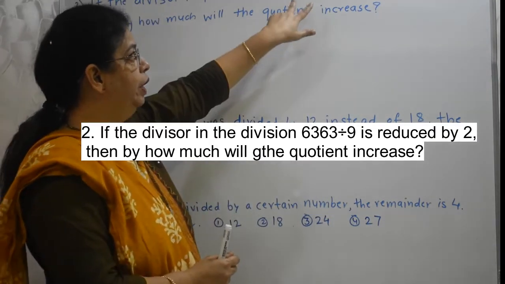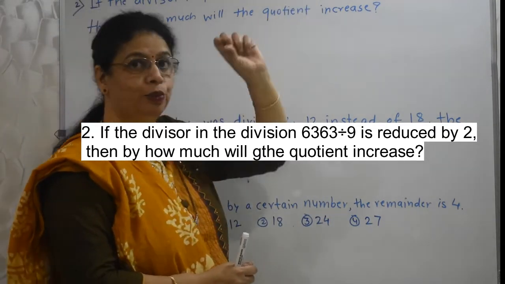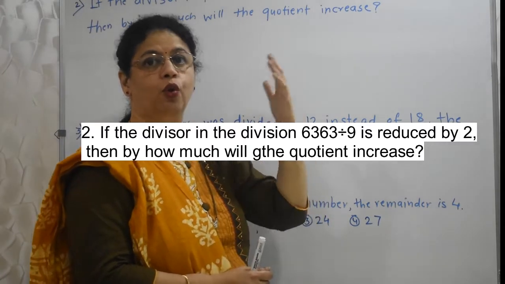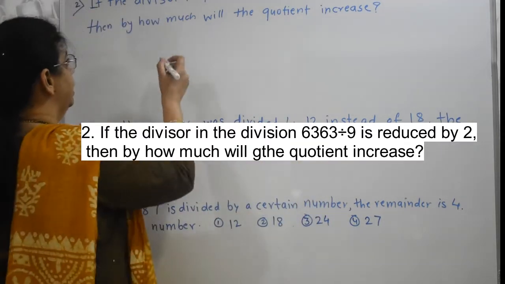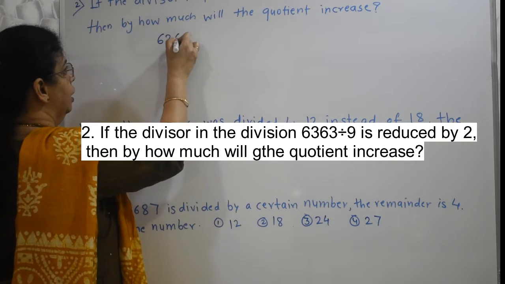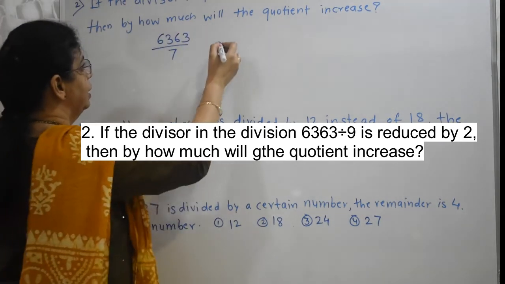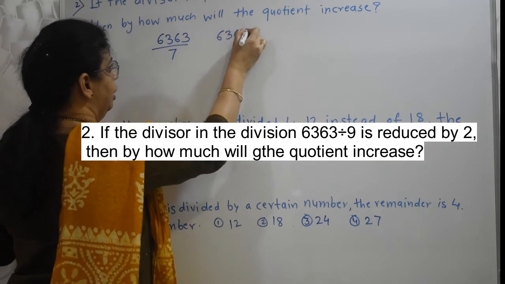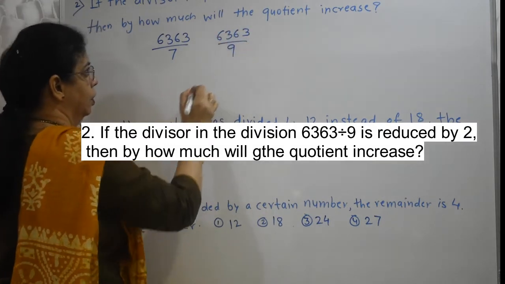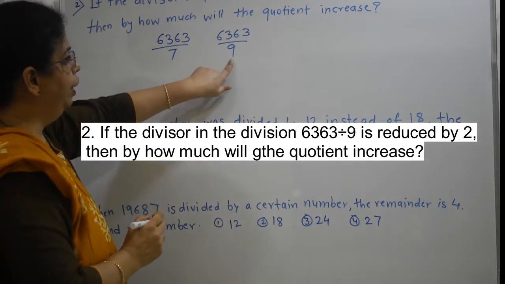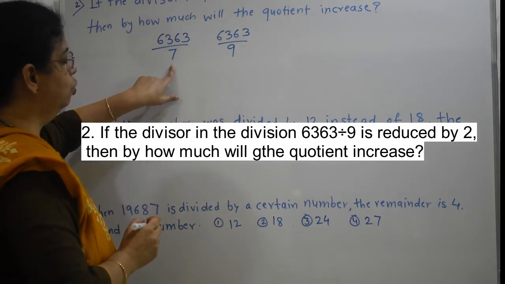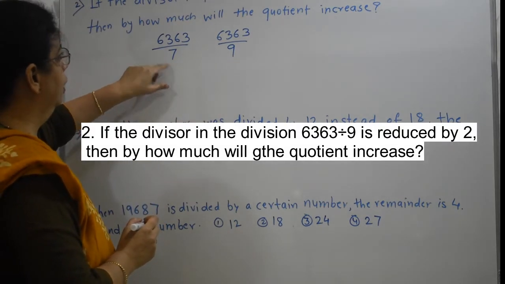See, whenever we divide the same number by a smaller number, obviously the quotient will be more. So 63 divided by 7 will be bigger than 63 divided by 9. They have reduced this by 2, so this is a new division.